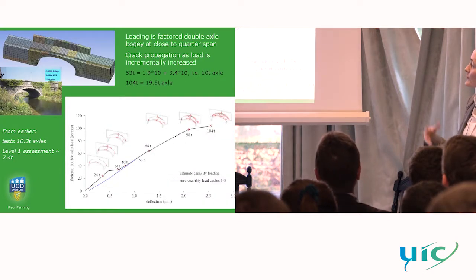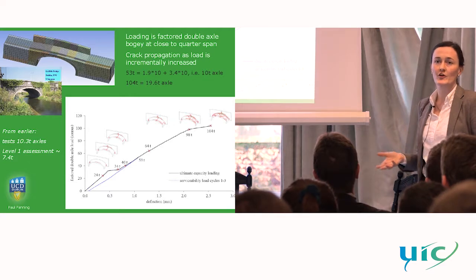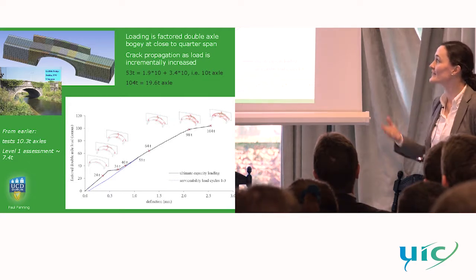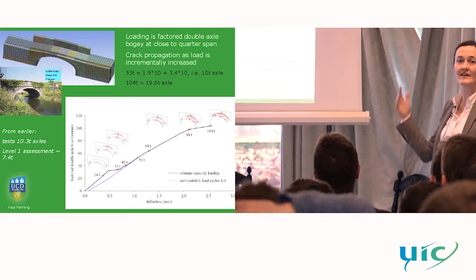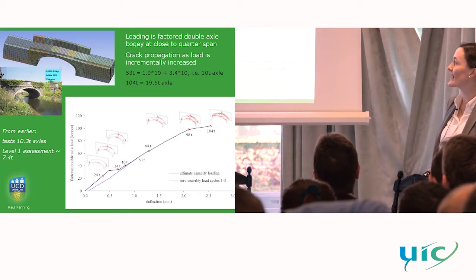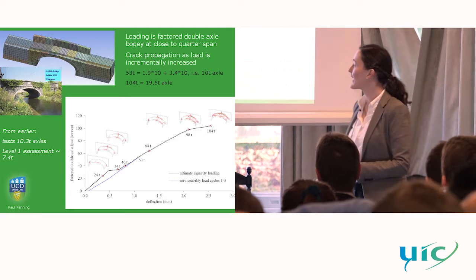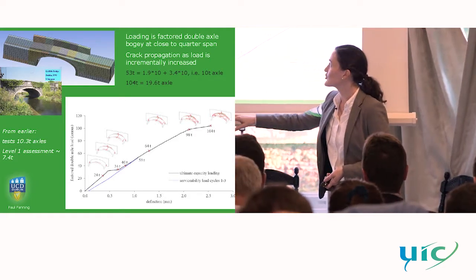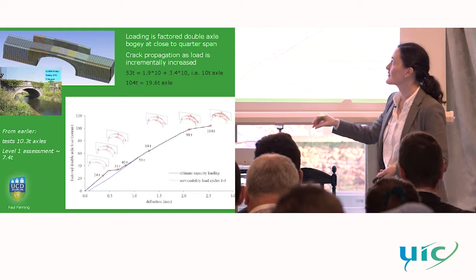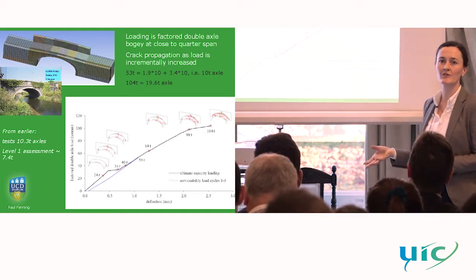So the first thing that we did was look at the service load response. The next thing was to try and extend this up to the ultimate capacity load. We started off by applying a double axle load at the most onerous location.